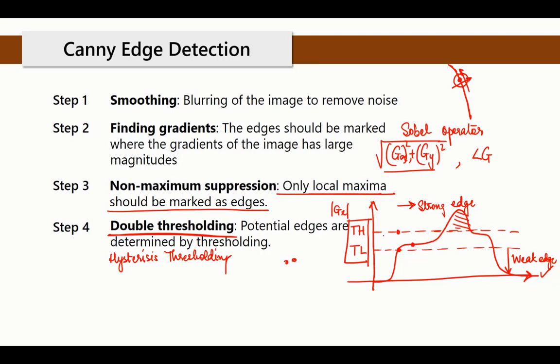If I had kept this lower threshold very low, in that case almost nothing would have been rejected. If I had kept the upper threshold too low, then almost everything would have been considered a strong edge.